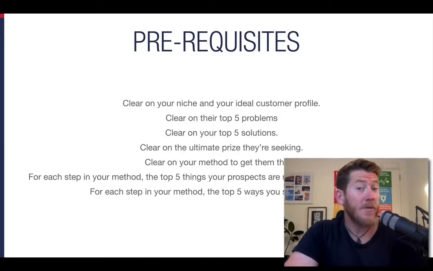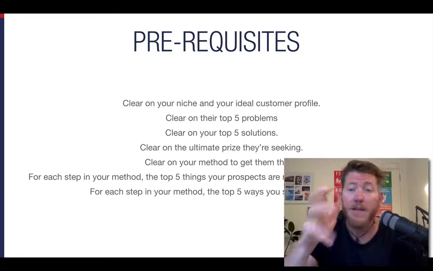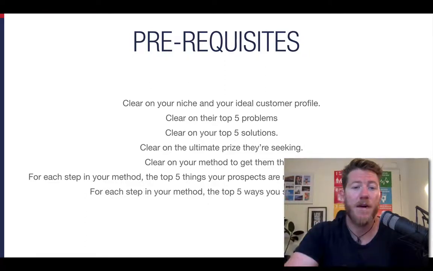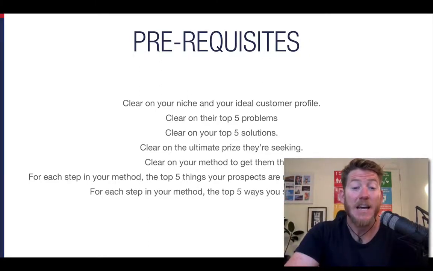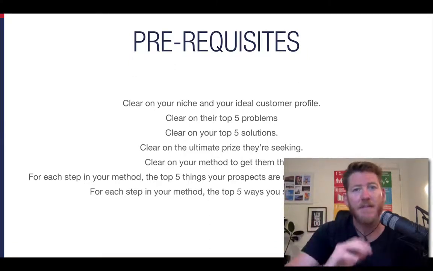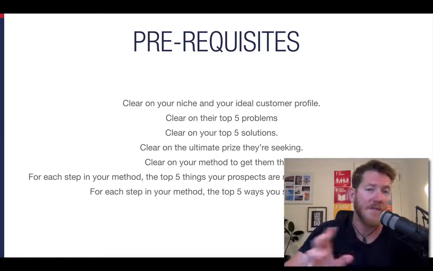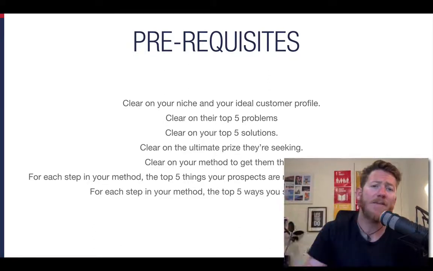So some of the prerequisites: you've got to be clear on your niche, clear on your ideal customer's profile, clear on their top 5 problems, clear on your top 5 solutions, clear on the ultimate outcome or the prize that they're seeking, clear on your methodology for getting them there. For each step in that method, the top 5 mistakes your prospects are making or getting wrong, and for each step in the method, the top 5 ways you solve that problem.